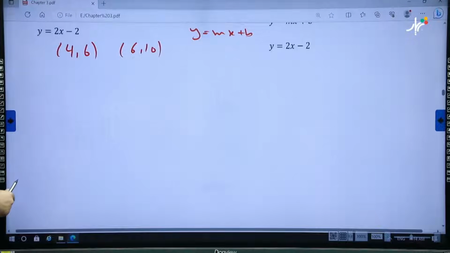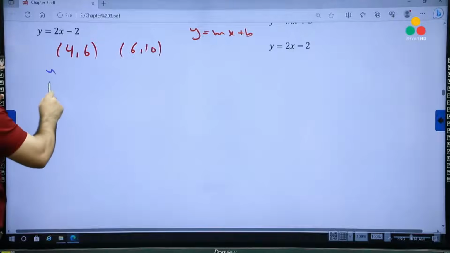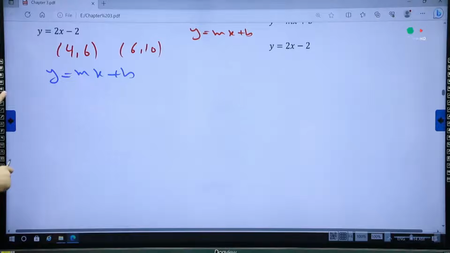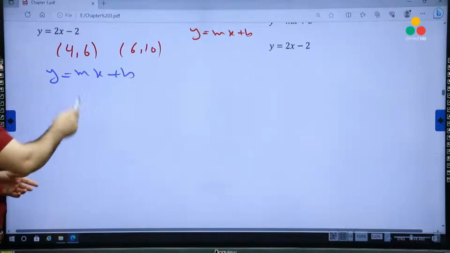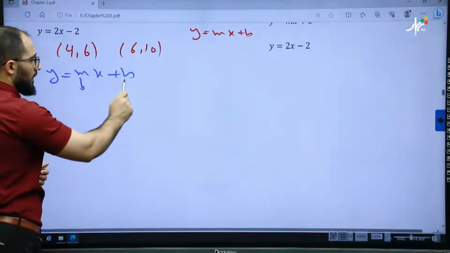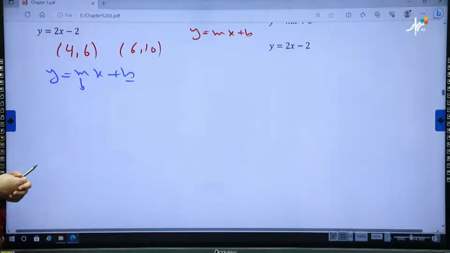It's quite easy. Write down y is equal to mx plus b. If you look at the equation, what do you want to find? We have to find m, the slope, and also b, then we'll get the equation. First step, let's find m.